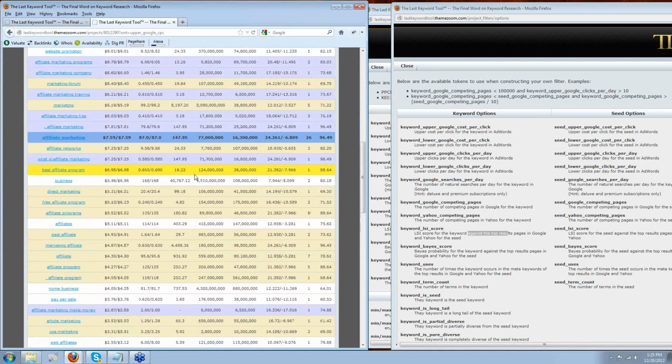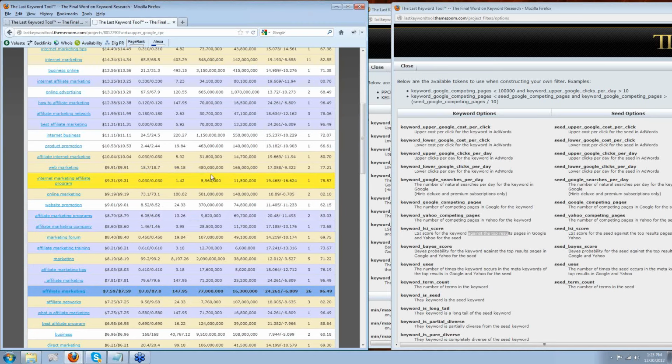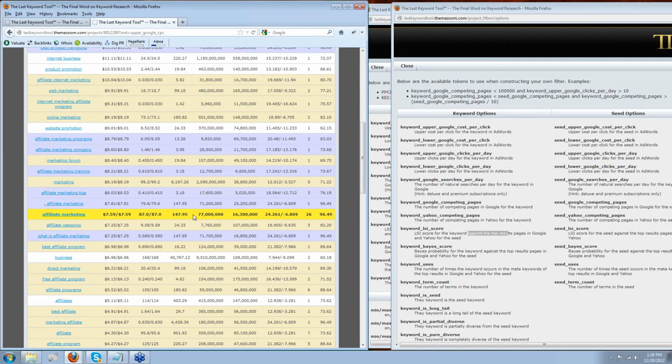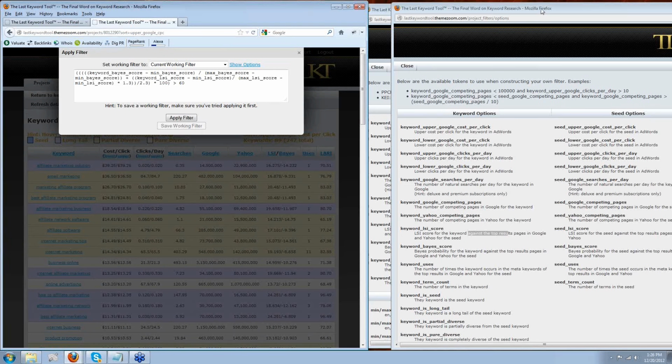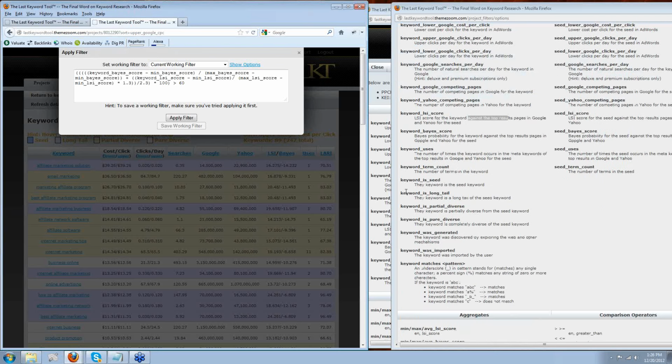Now, if you're in a niche, then obviously your searches per day are going to be less than they would be in a market. Affiliate marketing is pretty much a market. But let's say that you only wanted to look at the niches within this market. Let's say that we only want to look at stuff that's 10 million pages or lower. So let's look at our filter here and take Google competing pages.